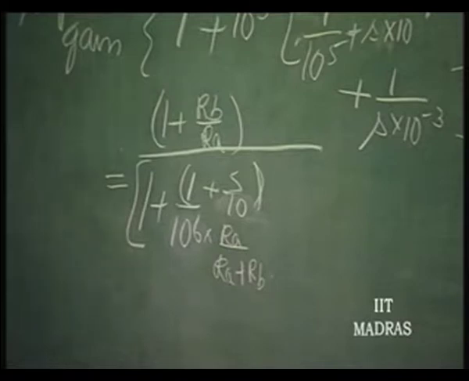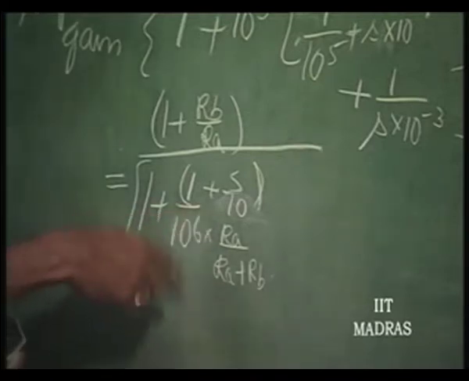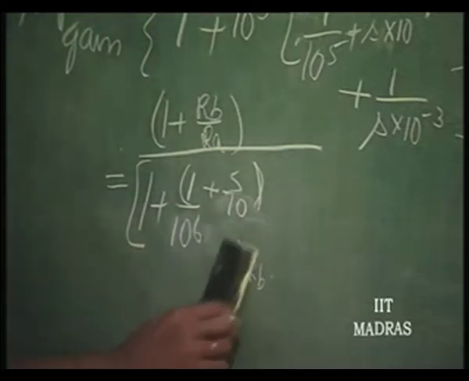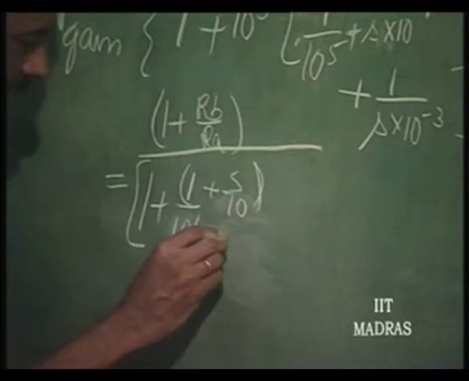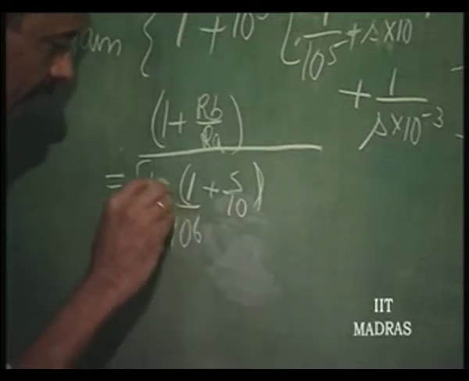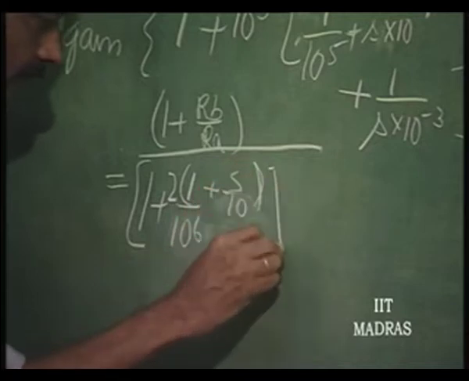We can take the nominal value here, Ra by Ra plus Rb is very close to half, we have chosen, right, because this is going to be still very close to half. So, we will take this nominal value in this case, and this is going to be how much? Half, that means this factor will be 2.